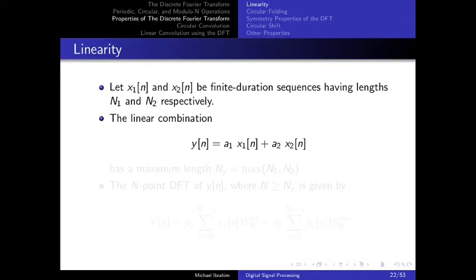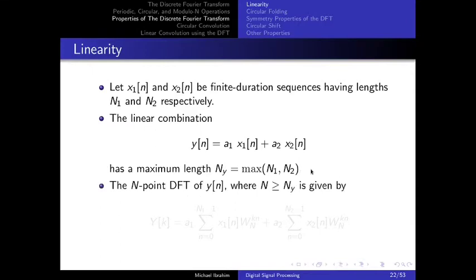Then we can combine them together. So the length of the new sequence will be the maximum of N1 and N2. So if we have a sequence of length 5 and a sequence of length 8, choosing the maximum of N1 and N2 will give us the new length. So the linear combination y of n will have a length of maximum of N1 and N2.